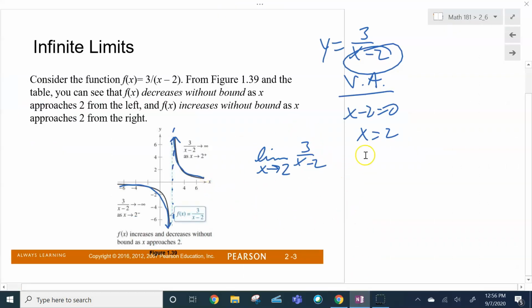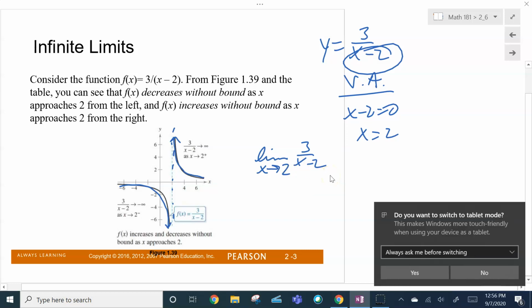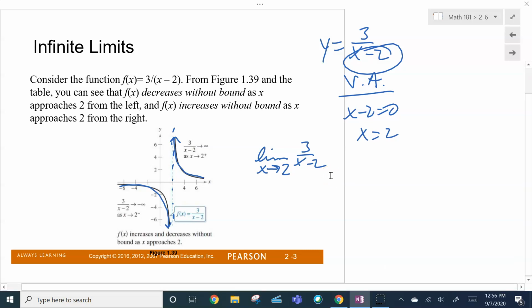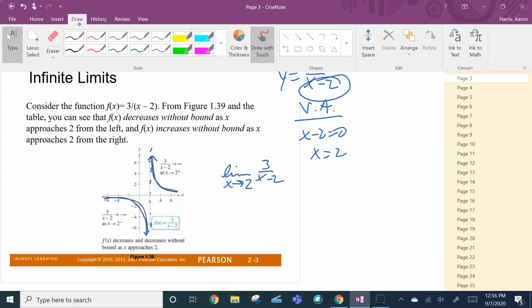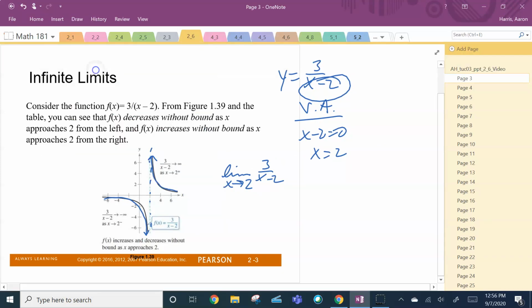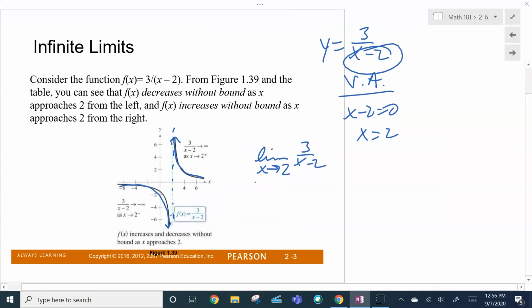So we know it does not get arbitrarily close to a value. It does not agree or get arbitrarily close to a value. We've established that before. So the limit does not exist.